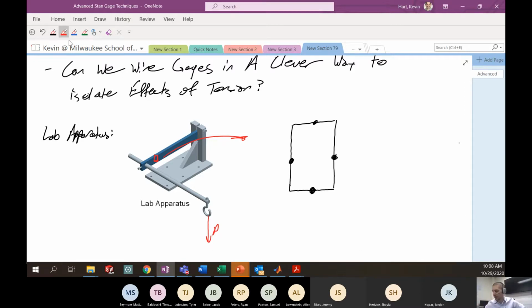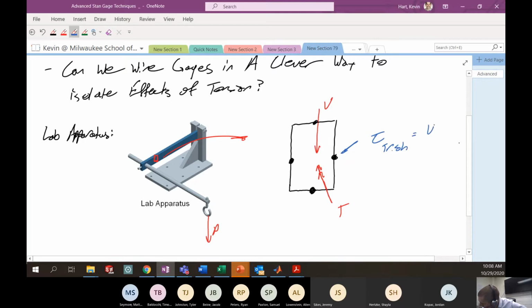I know that if I were looking at the combined loading on this, I would have a torque that would form, torquing this cross section. And I would also have some transverse load coming across this cross section, which I might call V. And so we know from our combined loading that, at this point over here, you'd have some shear that comes from the transverse shear, which is something like VQ over It.